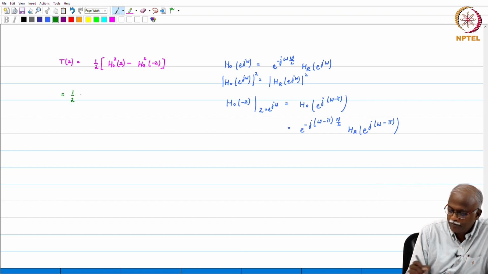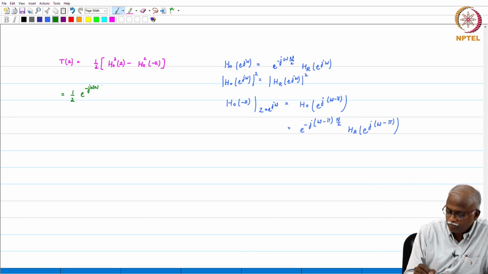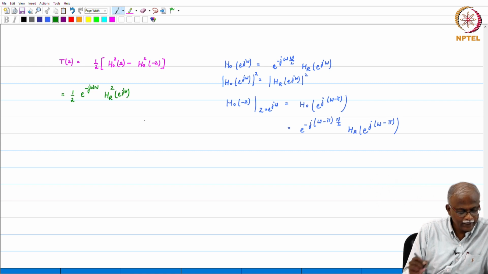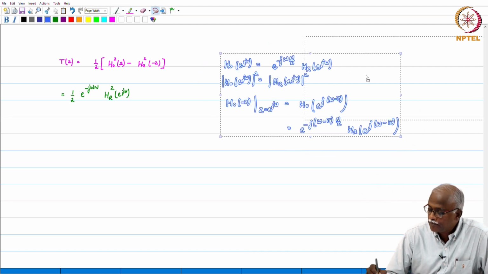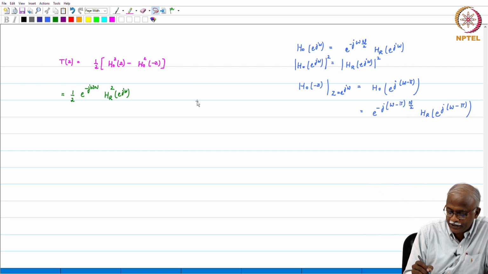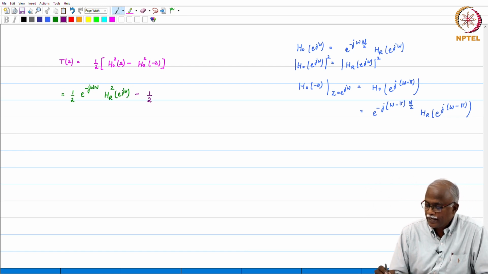So this will be half H naught squared. That will give us e power minus j omega n times H r e of j omega squared. That is the first term. The second term, I want to move this a little bit to the right so that we have more space to give the expression. Now we write down the second term: minus 1/2 of H naught squared of minus z.